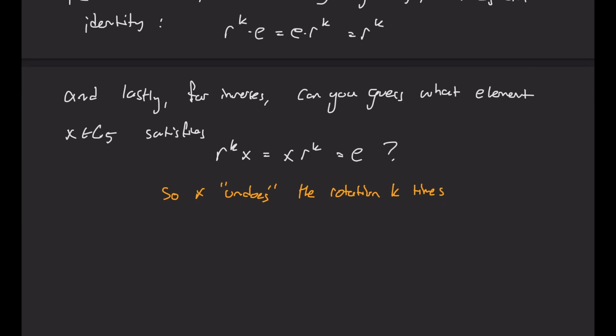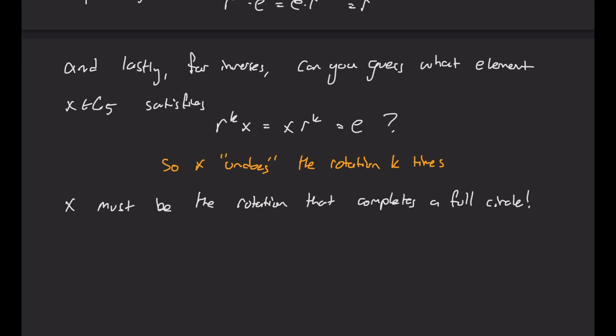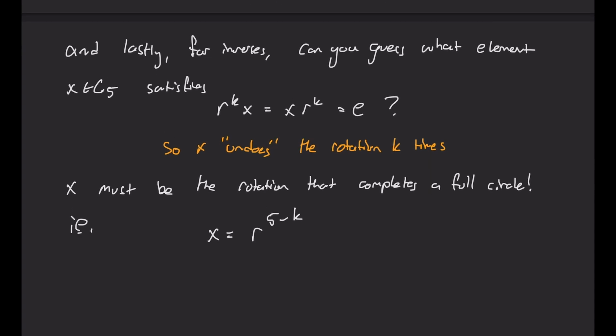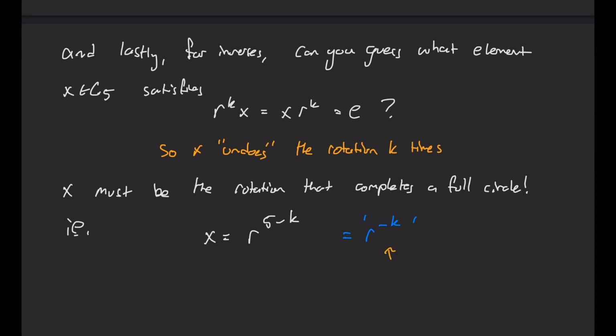You might want to say it rotates k times clockwise, which is a fair interpretation. But we can accomplish this by completing the rotation around the full circle. So in other words, we can take x to be R to the 5 minus k. And if we want, we can write that as R to the negative k, which is like rotating clockwise k times.